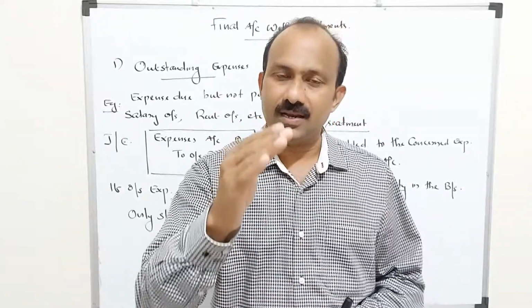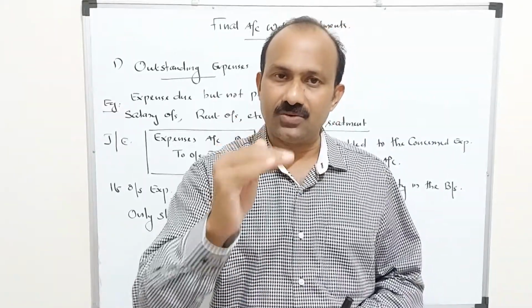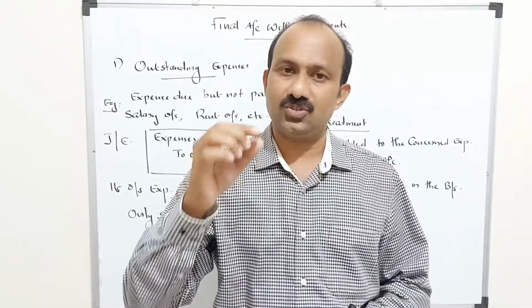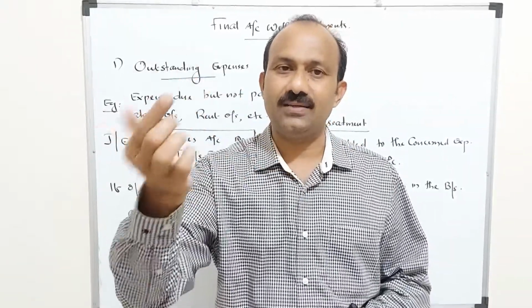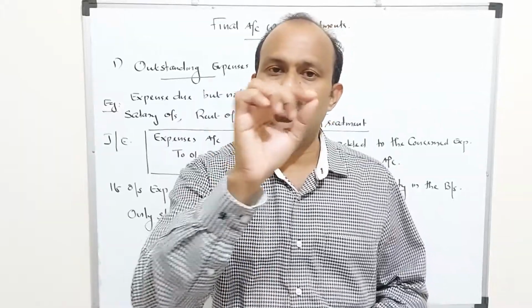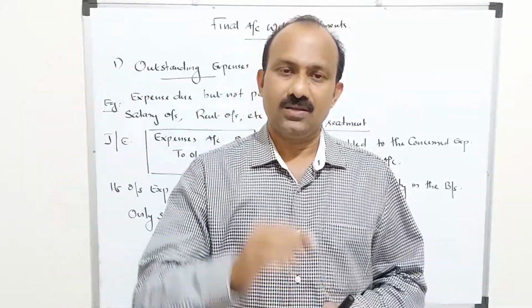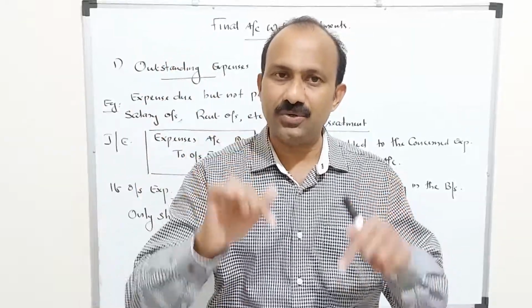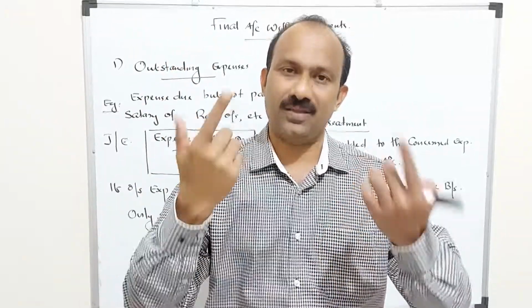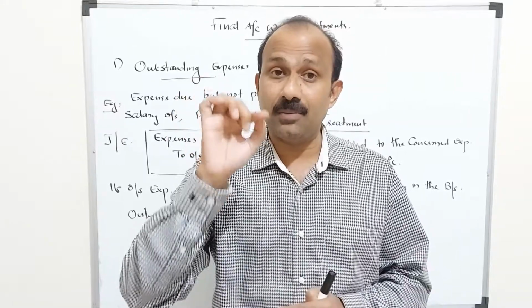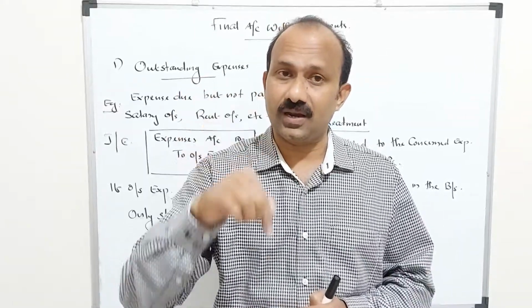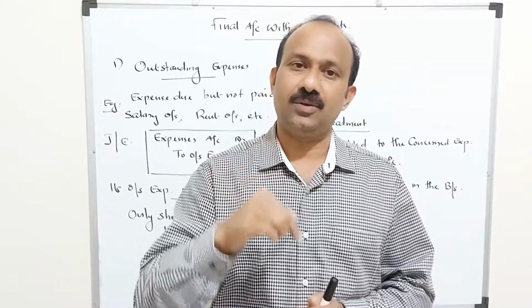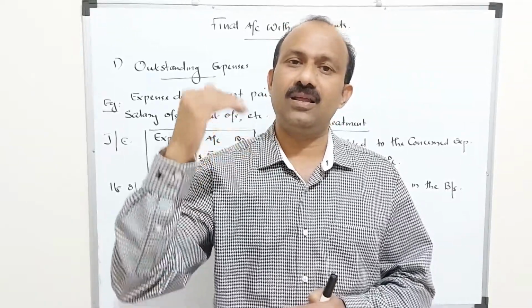Examples are salary outstanding, wages outstanding, rent outstanding; any expense which is not paid is known as an outstanding expense. Simply, outstanding expenses are those expenses which are due during the particular year but not paid. Due during the particular year means it is related to that year, so we should include it in that year, but the payment will be later, no problem.